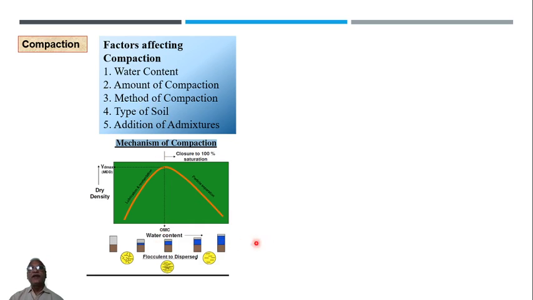Suppose instead of 3 layers you use 5 layers, and instead of 2.5 kg you use a heavier mass rammer. Then the dry density achieved and the OMC achieved will be different. A simple statement I can make is: as you increase the compaction effort, the OMC decreases and the dry density increases.